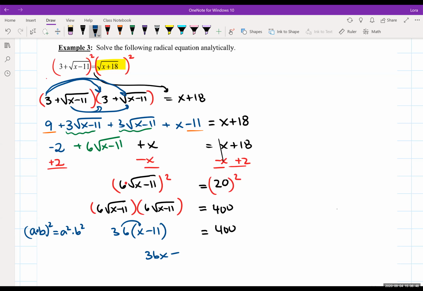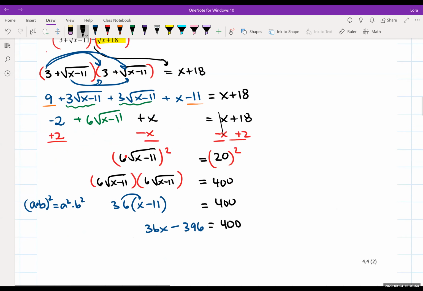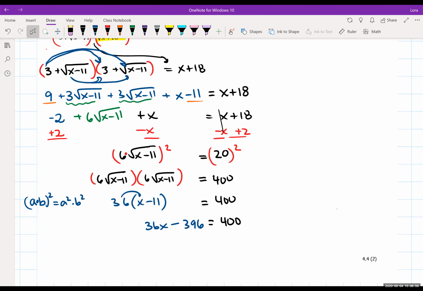That's giving me 396. A little large there. Glad I reached for that calculator. So at this stage, I'm just solving this linear equation. I'll add 396 to both sides.